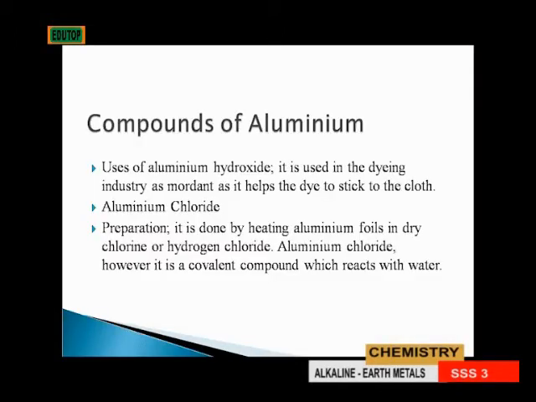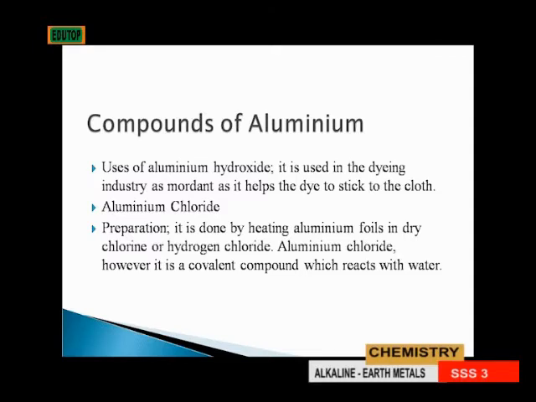Preparation of another compound of aluminium known as aluminium chloride. It is done by heating aluminium foils in dry chlorine or hydrogen chloride. Aluminium chloride, however, is a covalent compound which reacts with water.